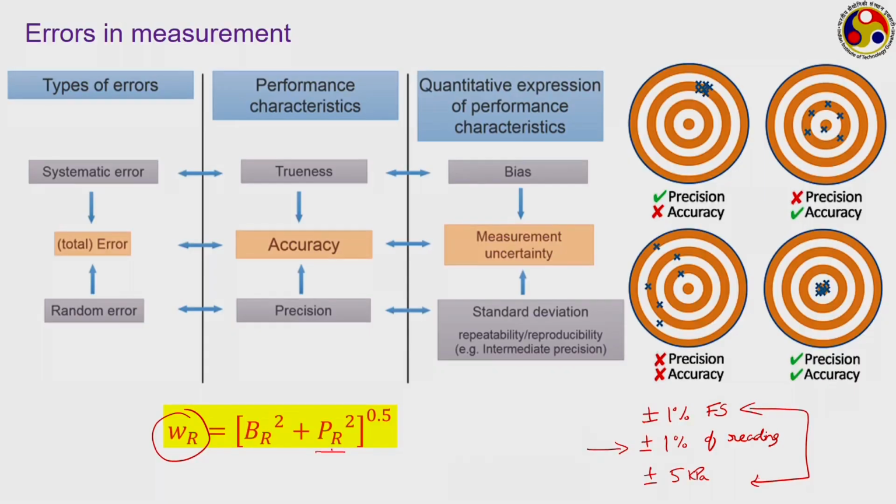We are going to see how to estimate the precision error for a particular measuring device in today's lecture. But before that, this bias error or systematic error we are not going to talk about, because they generally appear because of wrong calibration or wrong information provided by the manufacturer, or maybe you have a correctly calibrated instrument, but with long period of use or with wear and tear, it may develop some kind of bias error.